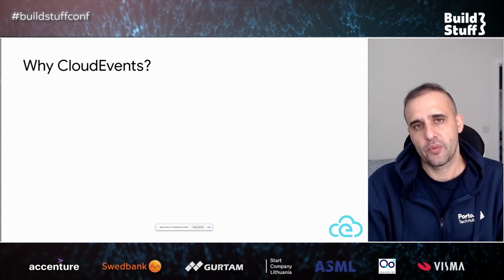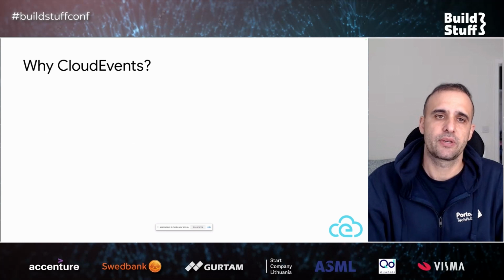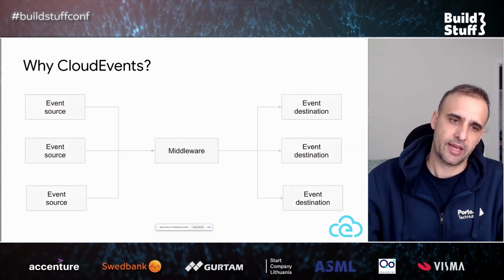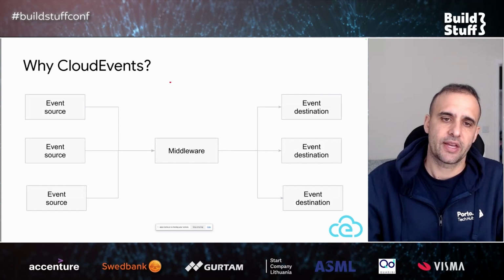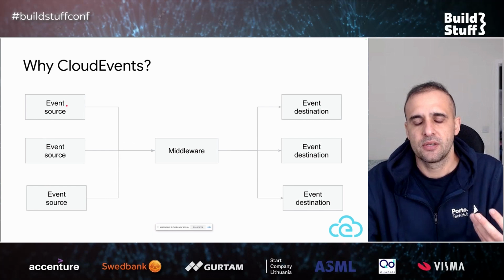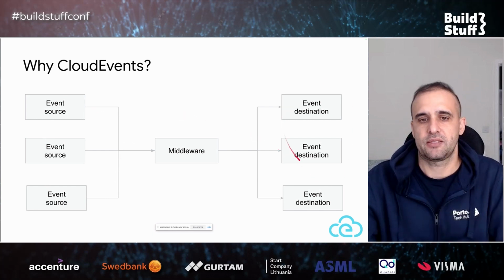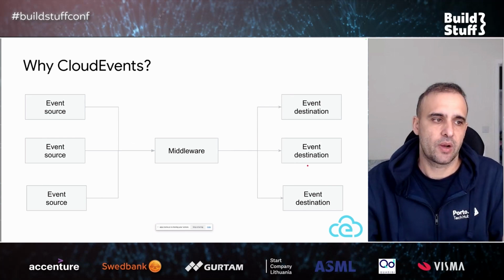Now, before we get into Cloud Events, let's again ask the question why we should even care about Cloud Events. And let's take a look at our event-driven architecture again. So in event-driven architectures, at the very high level, you have some event sources emitting some events, and you want to send them to some event destinations, right? That's fundamentally what happens.